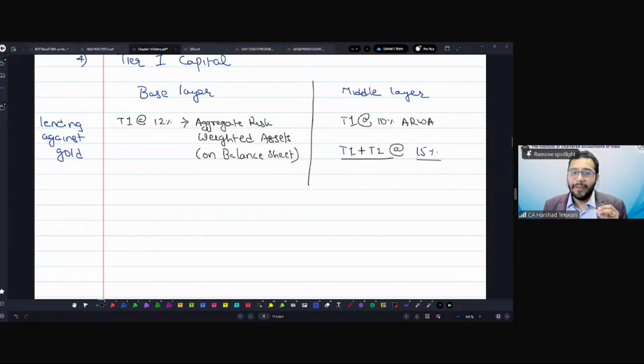Means your tier 1 and tier 2 total should be at 15% and tier 1 should be at 10%. Okay, so there are two conditions. Yes. So the condition is drafted in such a way that your tier 1, tier 2 capital total 15% on one side and on the other side is 10%. Okay sir, clear.